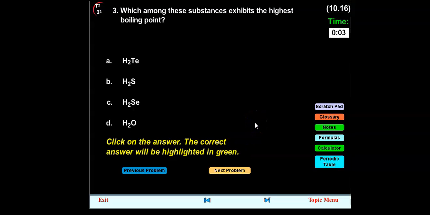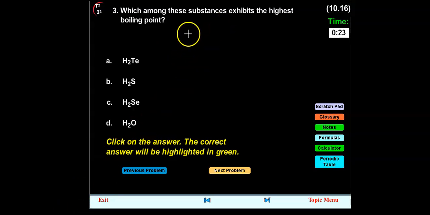Which among these substances exhibits the highest boiling point? When you look at this, you have to determine which of them will have the strongest hydrogen bonding.